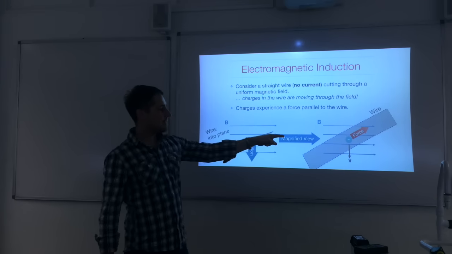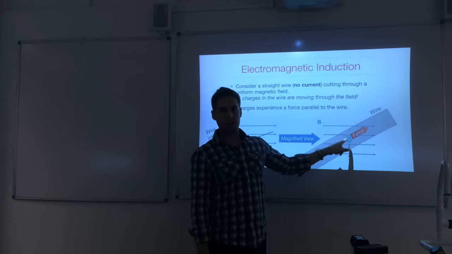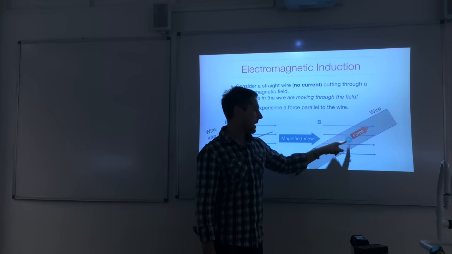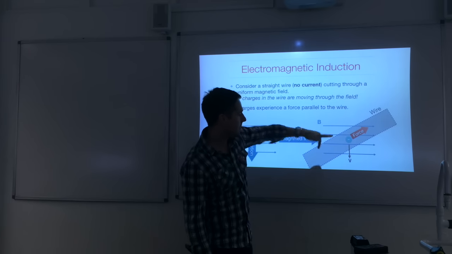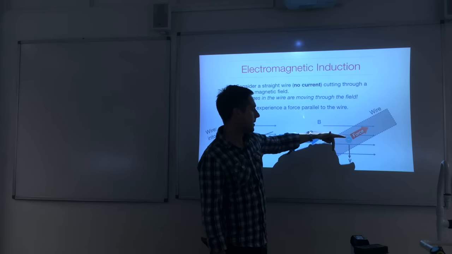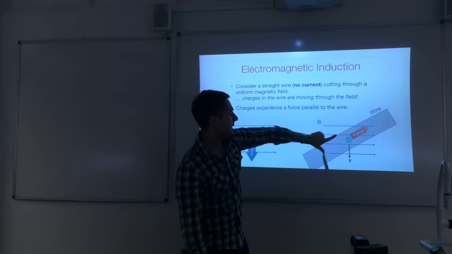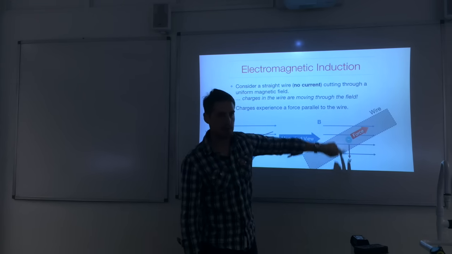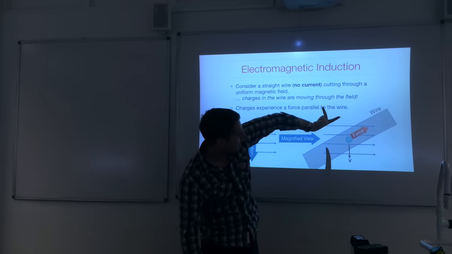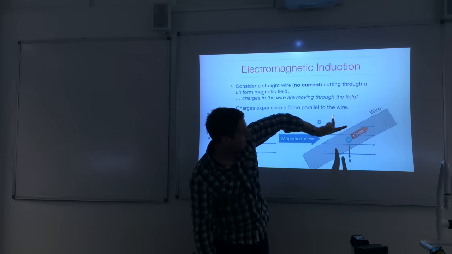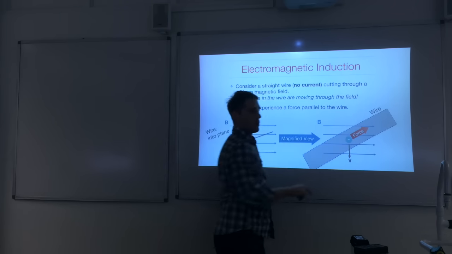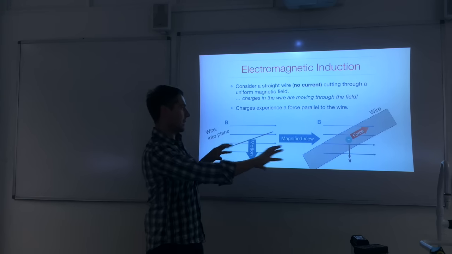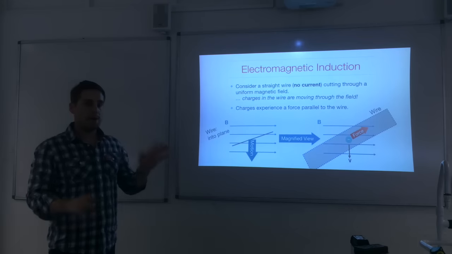So that electron here, negatively charged electron, is experiencing a force. Sorry, because the velocity is down, current is up, so it's experiencing a force into the plane of the diagram, which happens to be along the direction of the wire, if you imagine the wire is going into the plane. And that's always the case.